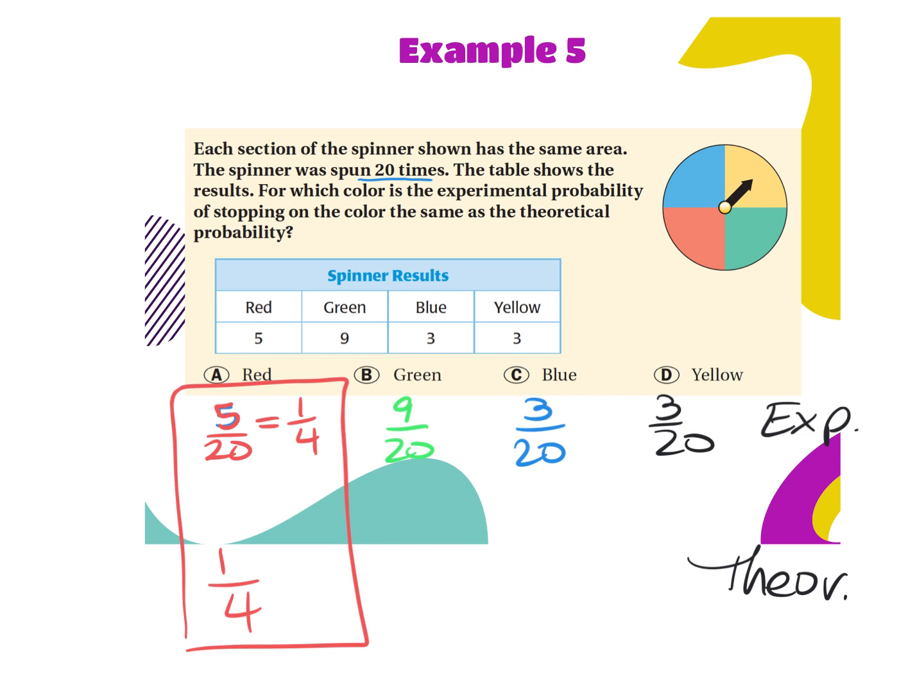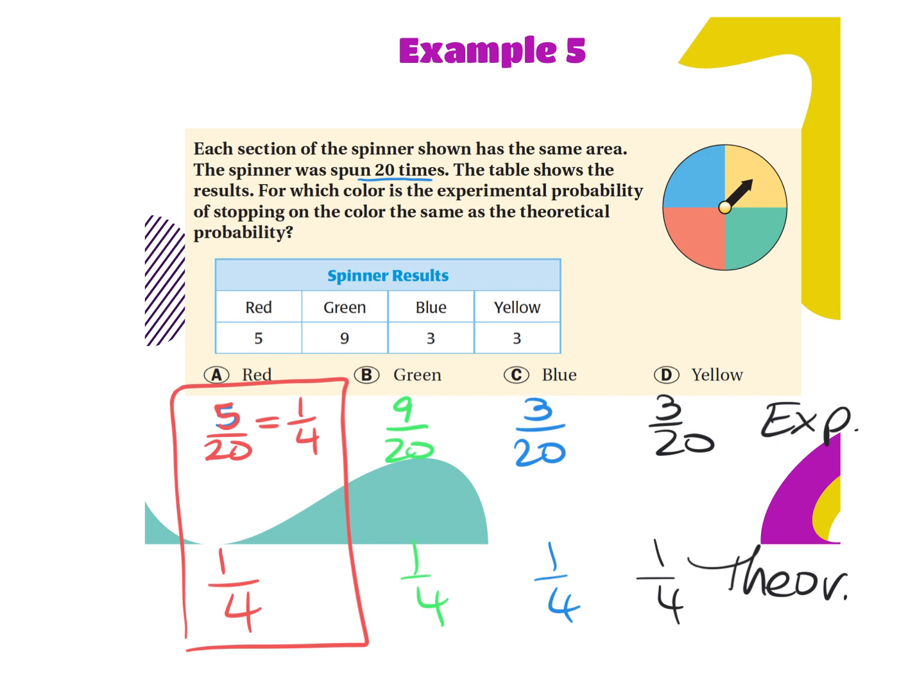So the color where the experimental probability for this experiment is the same as the theoretical would be red, because green would still be 1/4, so would blue, because there's 1 blue section out of the 4, and then the yellow would also be 1/4. They all have the same probability for theoretically, but experimentally, it didn't happen.